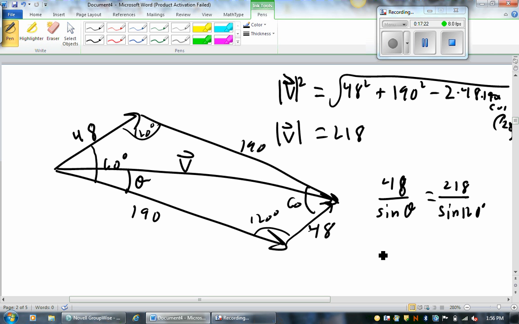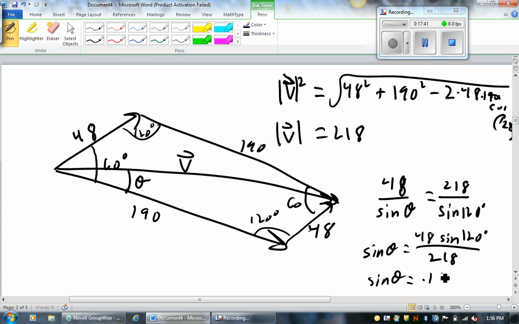Do my cross multiplication, and I'm going to end up with sine theta equals 48 sine of 120 degrees all over 218.